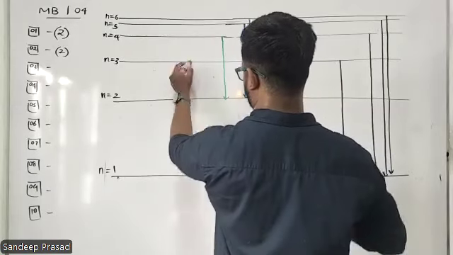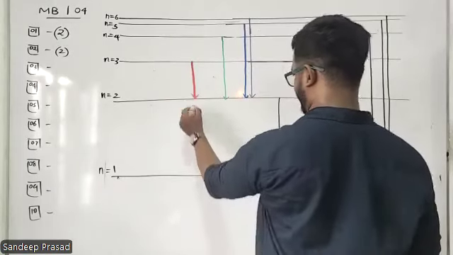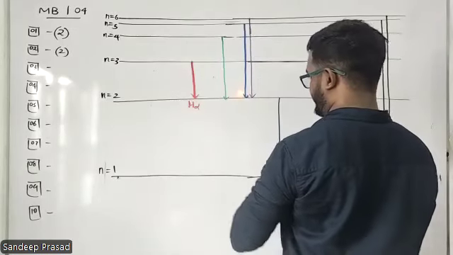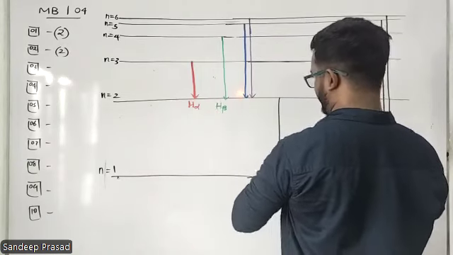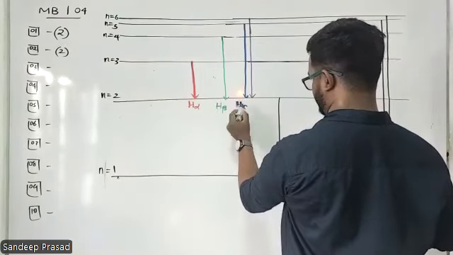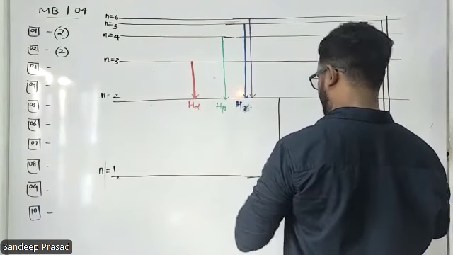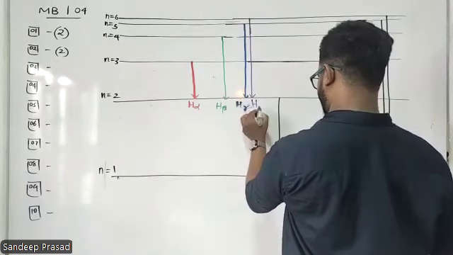Then this is 3 to 2. So these 4 colors are observable because they belong to the visible light region. H alpha, H beta, H gamma, and H delta. I told you that, students, in hydrogen emission spectrum, the next series, what is it?